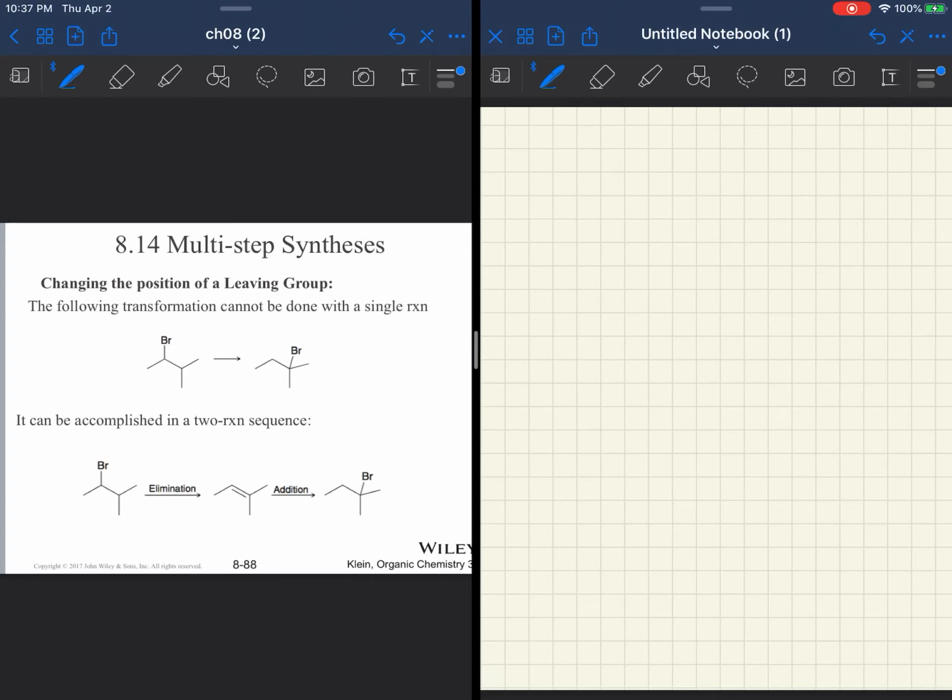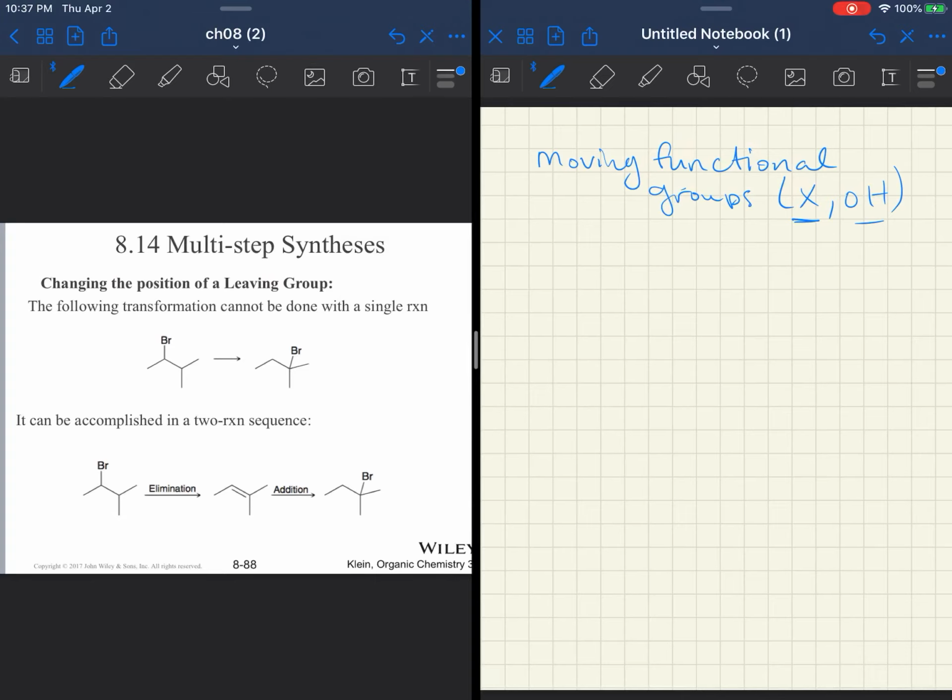But what I want you to bring your attention to is the idea of moving functional groups. All right, so first of all, we are going to start by moving functional groups. In particular, we're starting with moving halogens and alcohols. We're then going to take a look at moving double bonds in another slide.